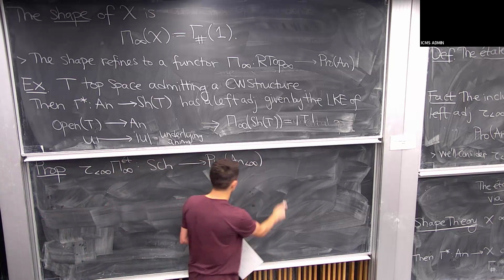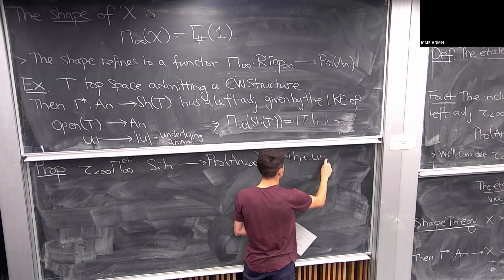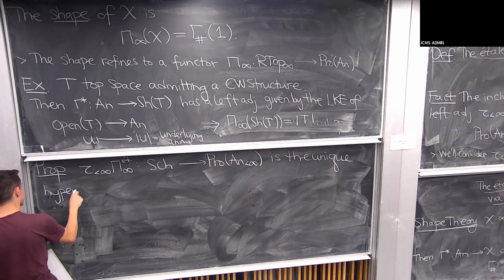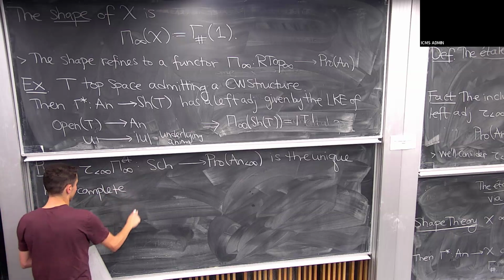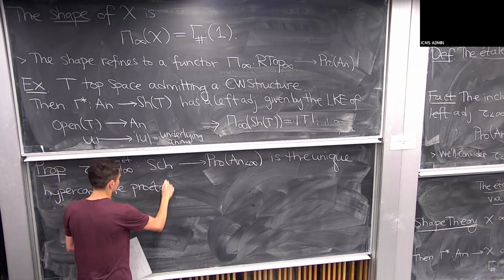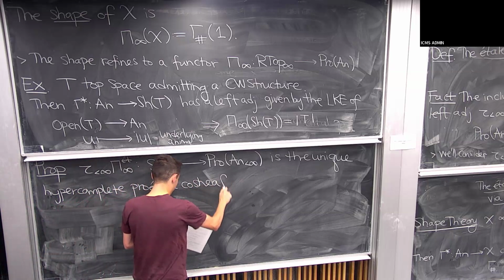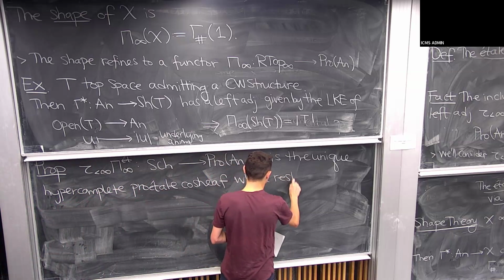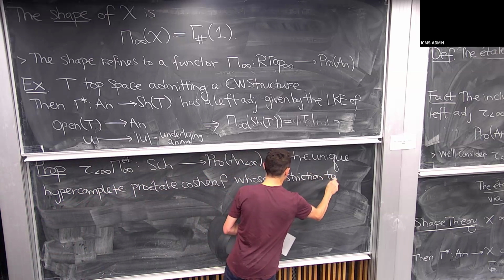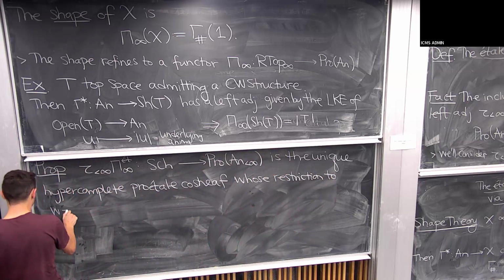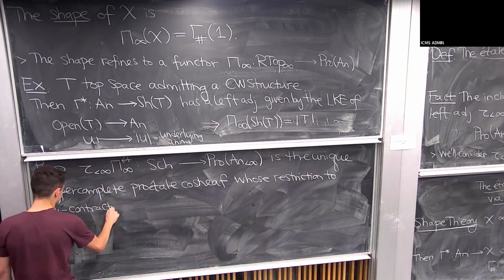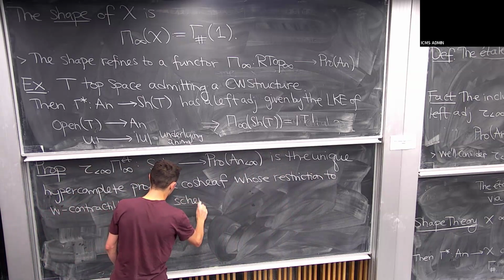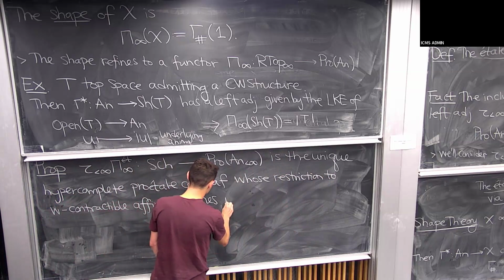This is the unique hypercomplete proétale co-sheaf whose restriction to what are called w-contractible affine schemes is the following. So I'll unpack what this means.